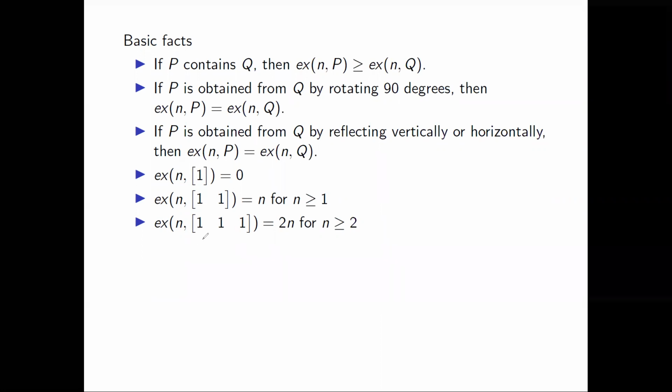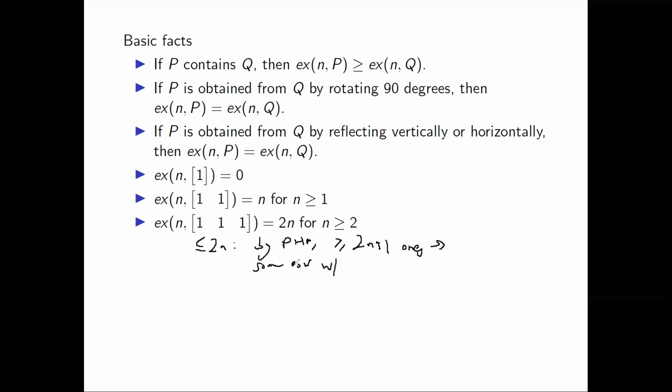We can see that it's less than or equal to 2n because by pigeonhole principle, if we had at least 2n plus 1 ones, that would imply there would be some row, and that row would have at least 3 ones.